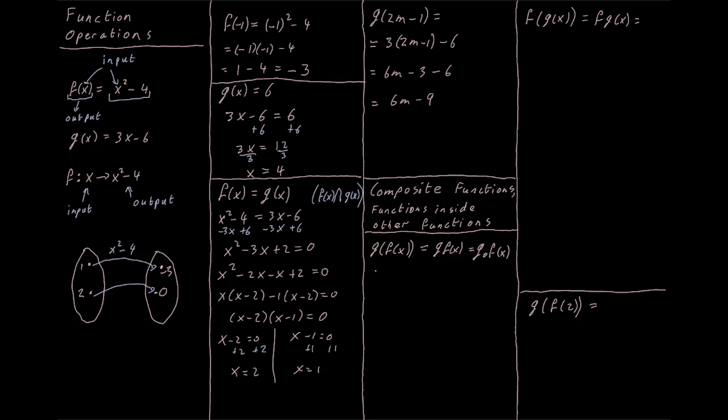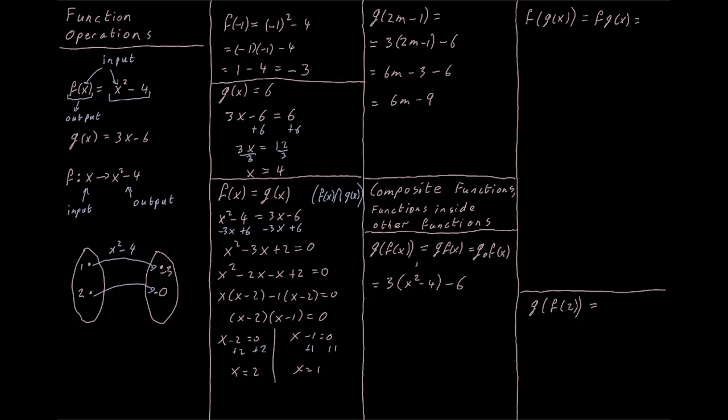So we can sub in. Anywhere there was an input in g, we're now going to put in the definition of f of x. So we're going to have 3 on f of x minus 6.